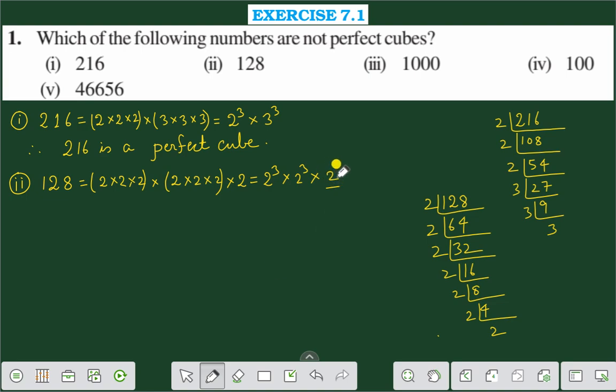Here you see that only 2 is coming. Prime factor 2 does not have a triplet. That is 2 into 2 into 2, and the remaining does not have a triplet.